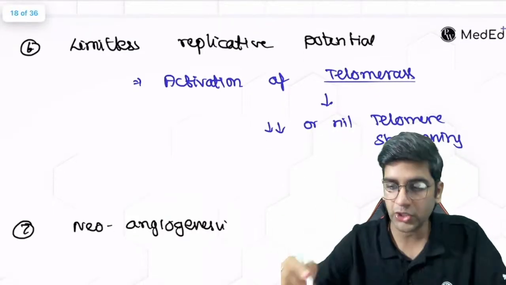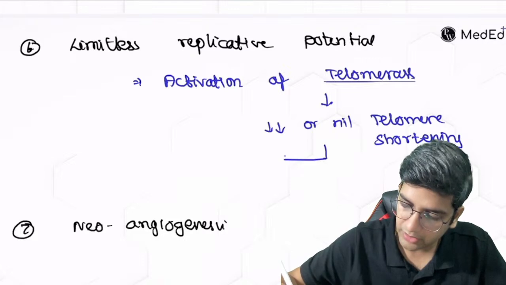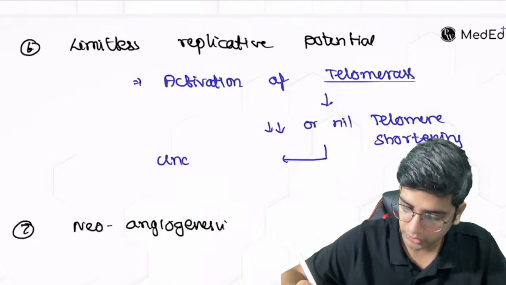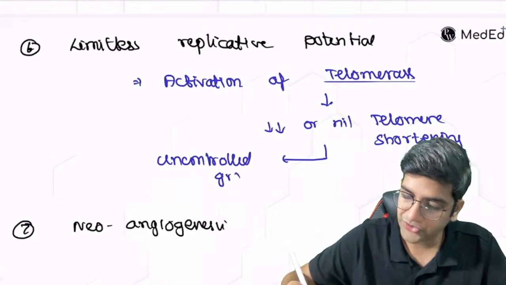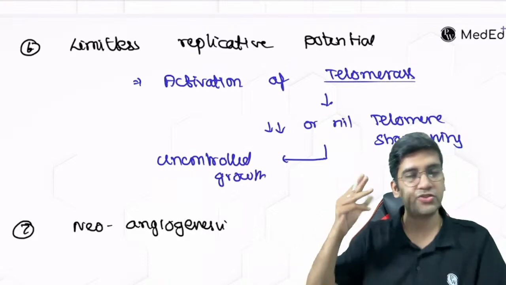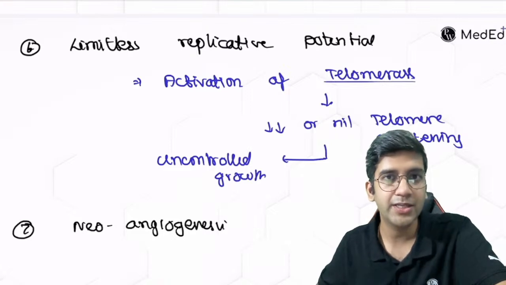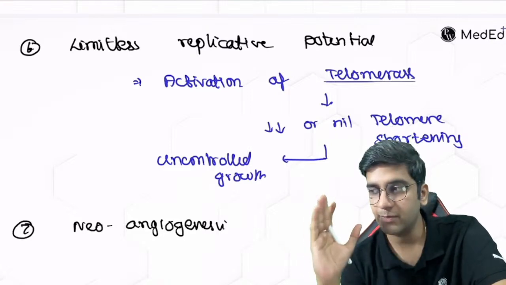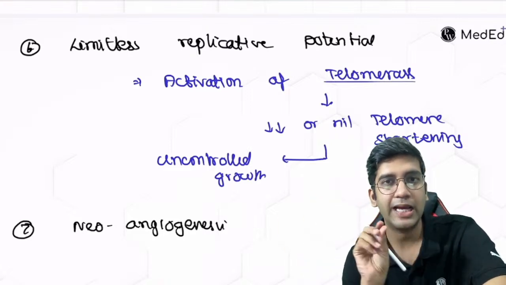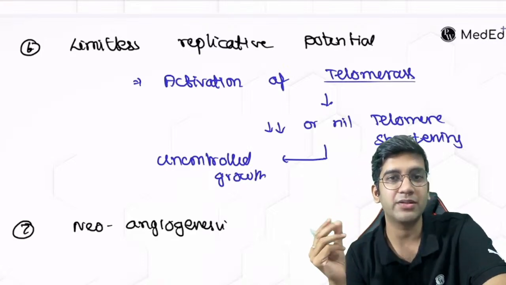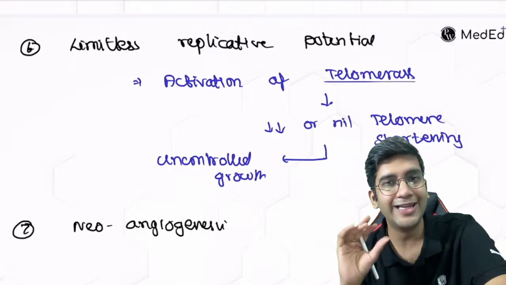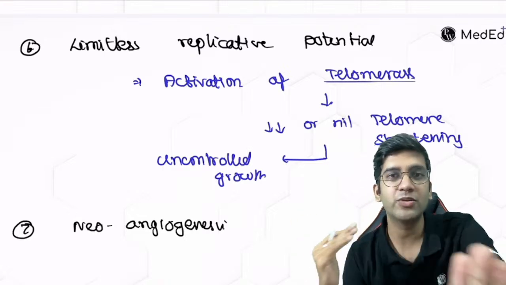Because of no telomere shortening, obviously it will have an uncontrolled growth. Because telomere, if you remember your biochemistry or the first chapter of Robbins, is something which will keep on shortening with cell division, and at one point of time they become very small and the cell dies. But here it doesn't happen. It cannot shorten, it'll keep on being longer, and tumor cells don't die.